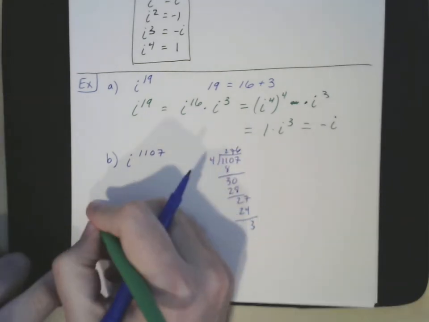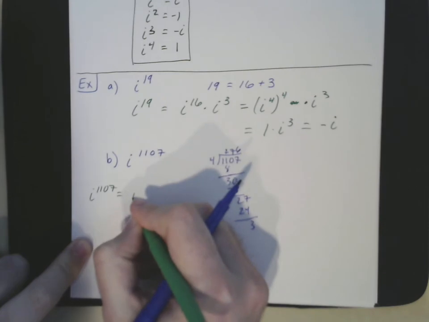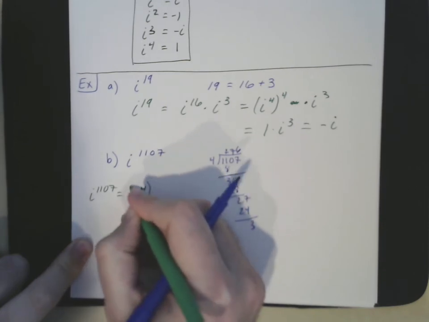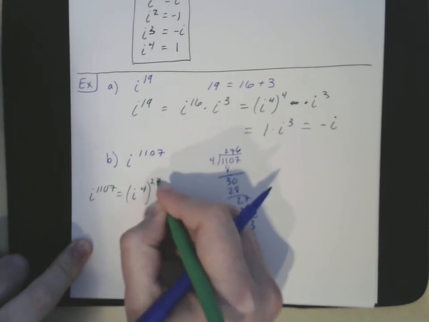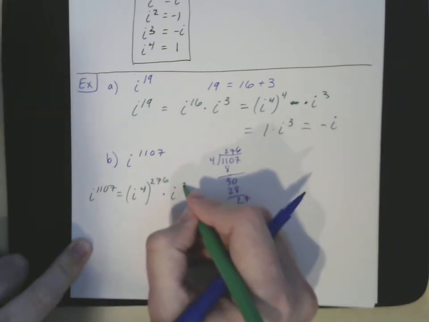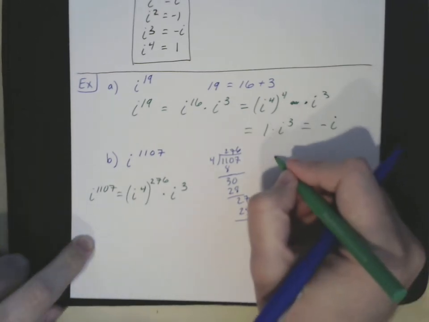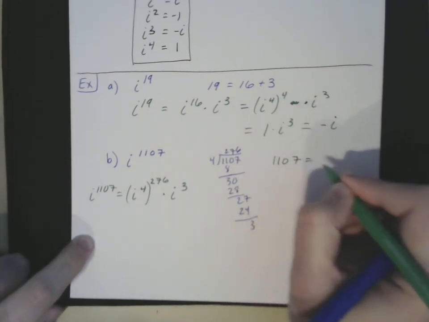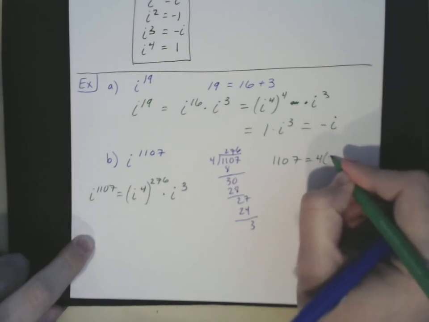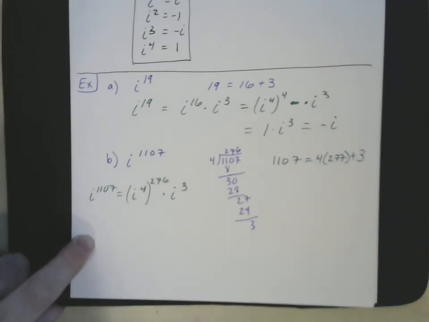So i to the 1107, we can split this into i to the fourth, to the 276th, times i to the third. Because we know that 1107 has to equal 4 times 276 plus 3.